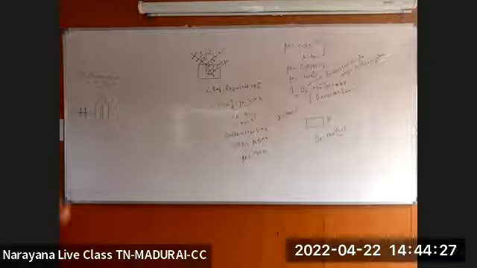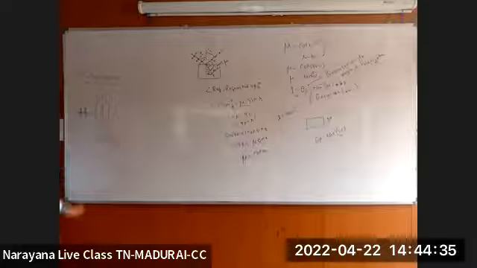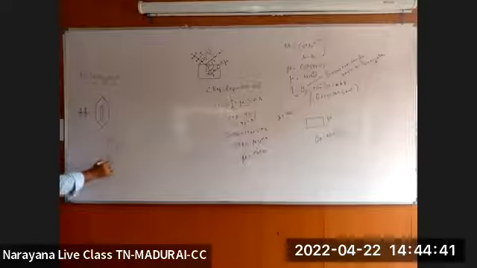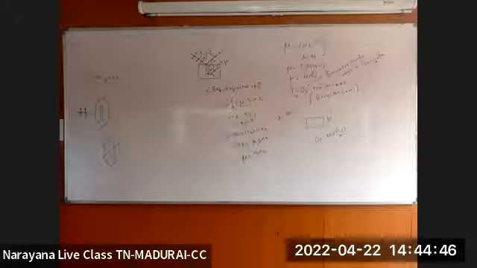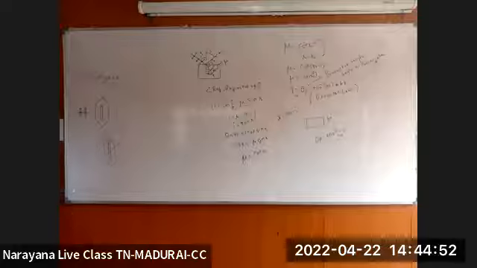Suppose the polarized light oscillations are like this, and the polarizer is like this, with the vertical slit like this.